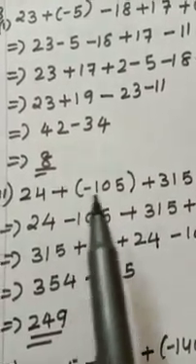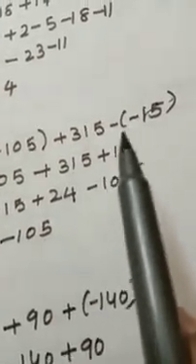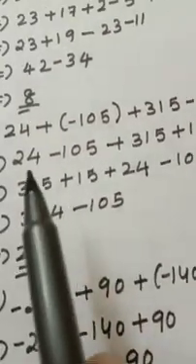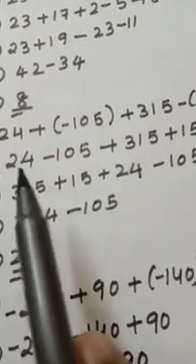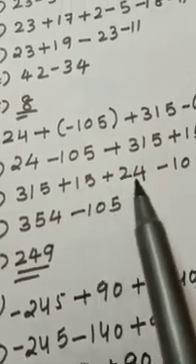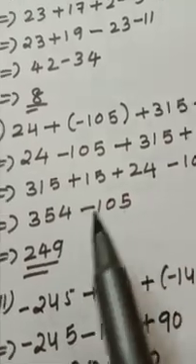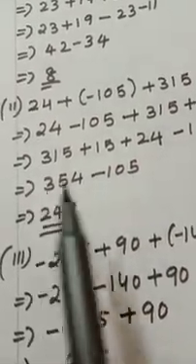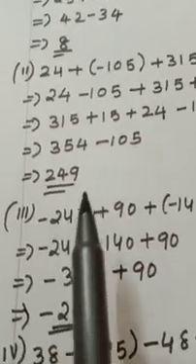Here also plus minus, different sign combined to form negative. Same sign combined to form positive. Positive numbers first you take and add it. 24 plus 315 plus 15. Okay, add it. And minus 105, subtract, because plus minus is different sign, you have to subtract and put the bigger number's sign.